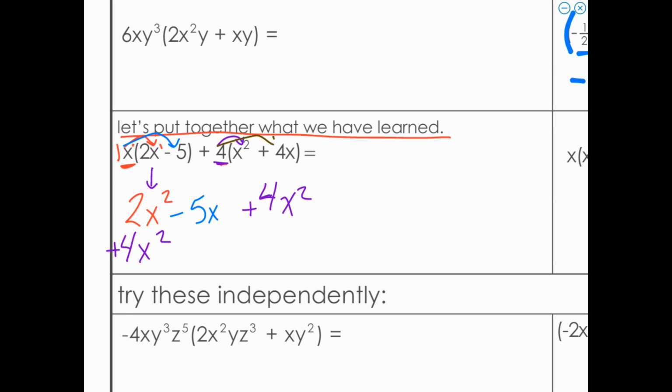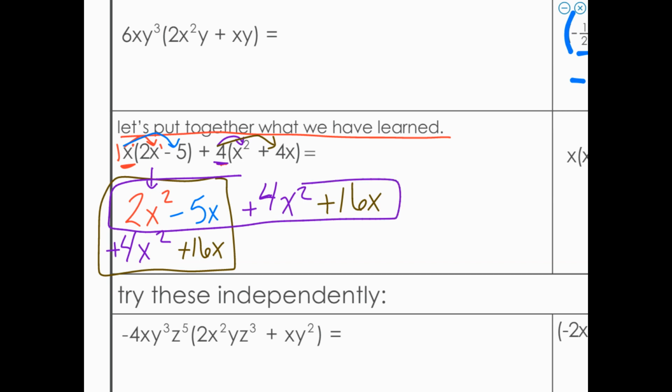And then 4 times 4x is 16x, and I could do it here, plus 16x. Okay, so if you like the vertical way, then when you start seeing like terms, start putting them underneath each other, collecting them that way. If you like the horizontal way, then just keep writing them out. Okay, either way is a correct way to do it.